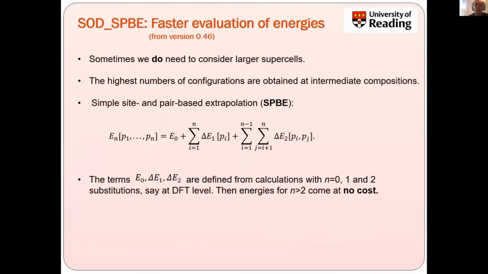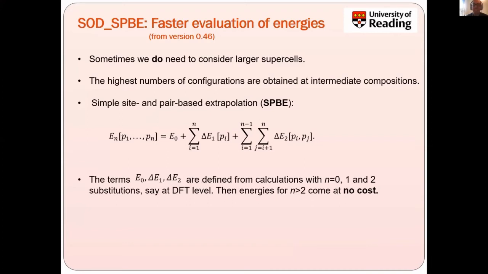Just a couple of slides of one recent development, which is how to speed up the evaluation of energies in the system. The SOT code now has implemented a way in which we can calculate, for example, 0, 1, and 2 substitutions, and from there very quickly extrapolate to higher concentrations.